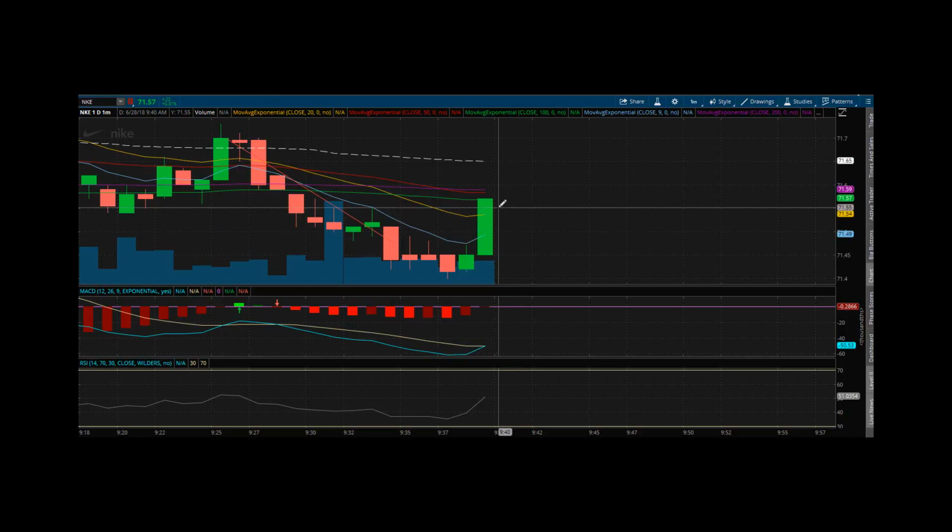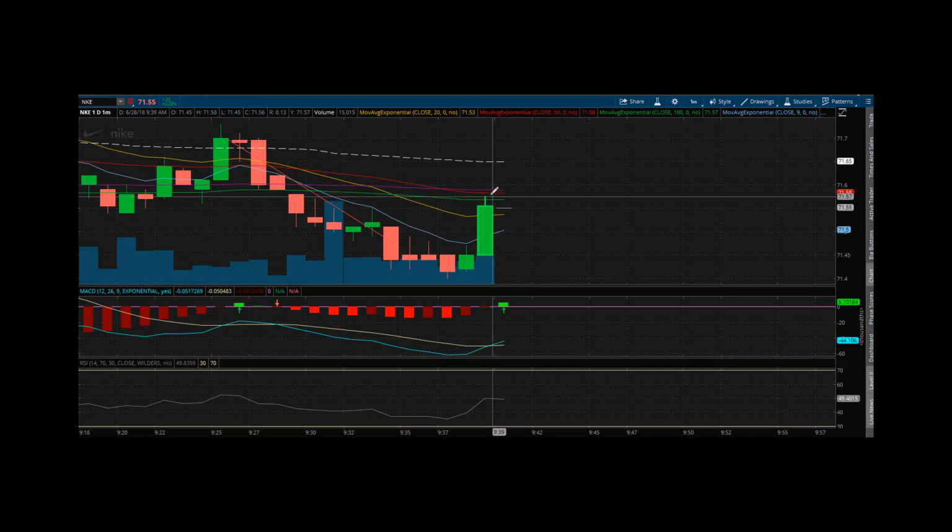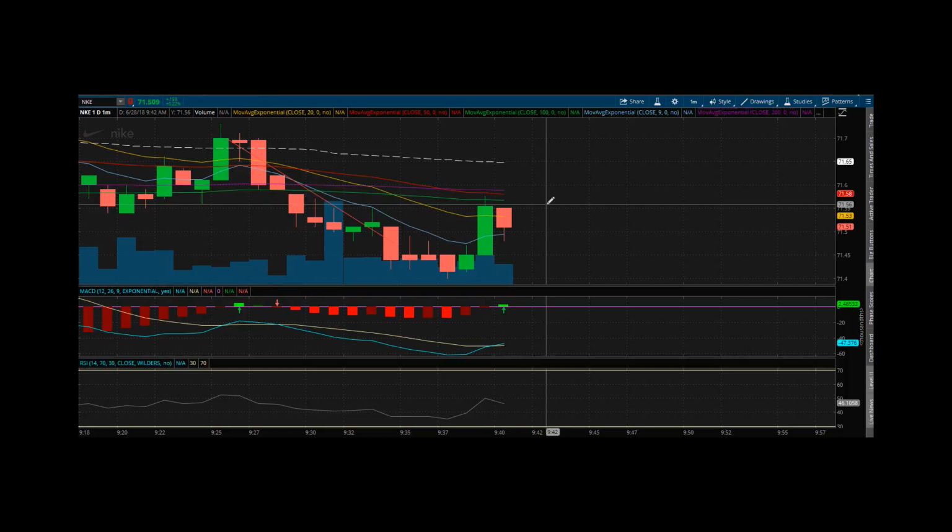So, I mean, this is actually an outstanding run right here. And let's see. It kind of started going up to this red EMA line, and we'll just say that's acting like resistance at the moment. Let's see what this candlestick does though.